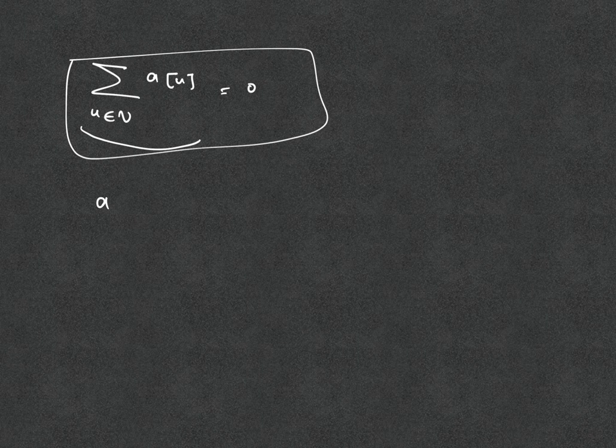In other words, the all-ones vector is going to be perpendicular to A, meaning that this would be 0. The other property, which is also fairly obvious, is that the L2 norm of A to the power of 2 is going to be the number of nodes within the graph.